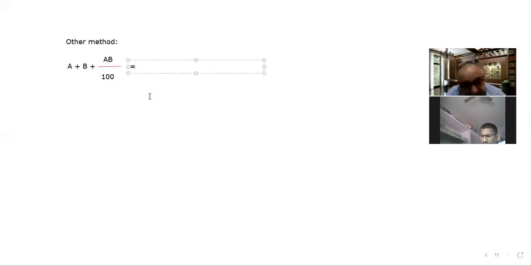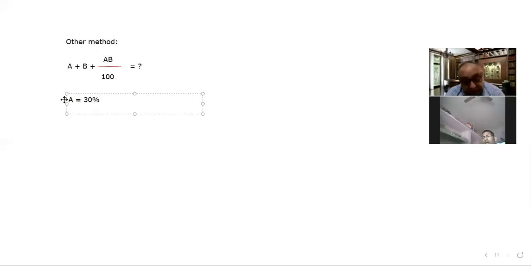So in this case, what is A? A is the increase in the price of petrol, which is given as 30%. And what is B?